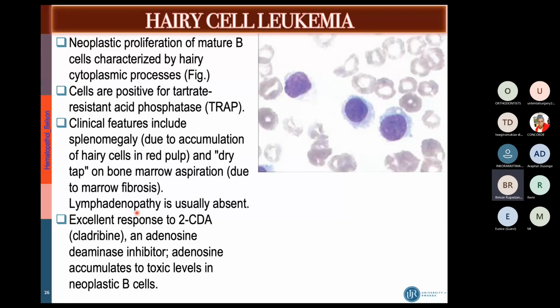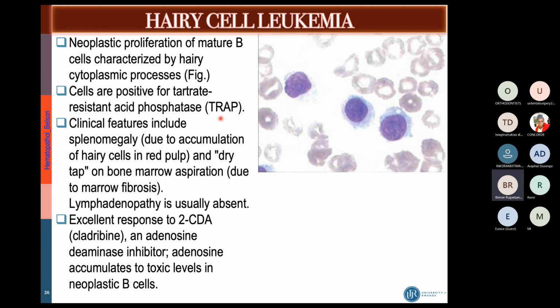So there is another condition, another leukemia called hairy cell leukemia. In the cytoplasm of each cell, there are things which look like hairs. Hairy cytoplasmic processes. So they are positive for tartrate-resistant acid phosphatase.